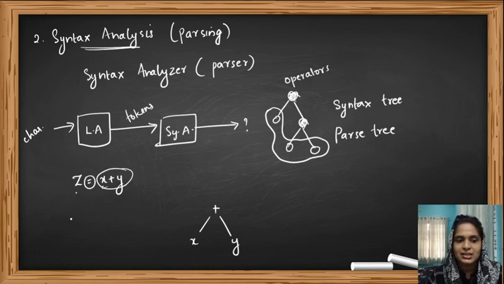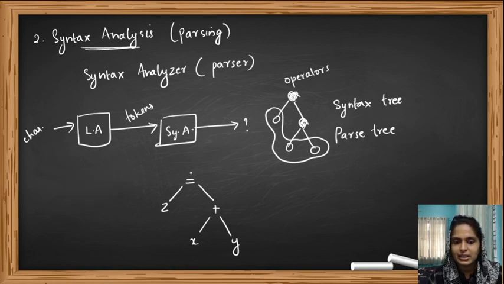So the operator is equal to, that is the assignment operator. So we will use the assignment operator as the intermediate node, and the two arguments of this assignment operator are z and x plus y. So one argument will be z and the other argument will be x plus y. So this is how we represent a syntax tree.